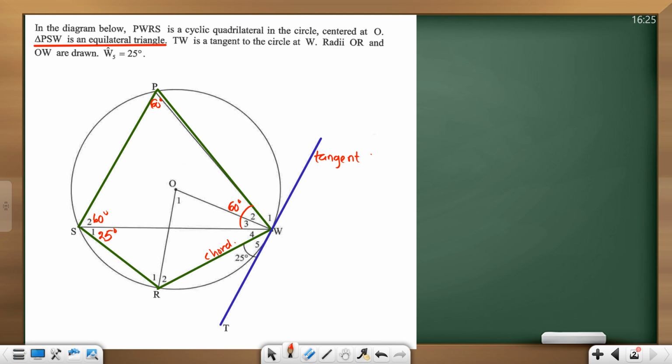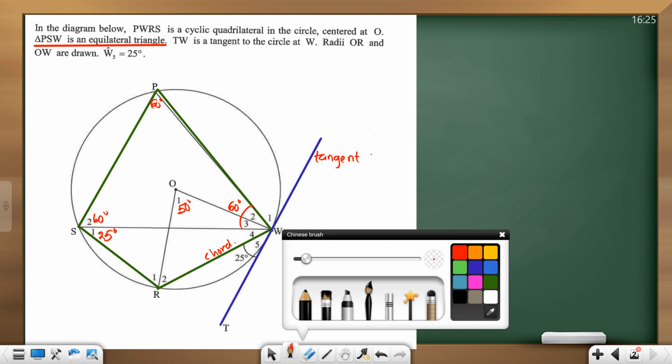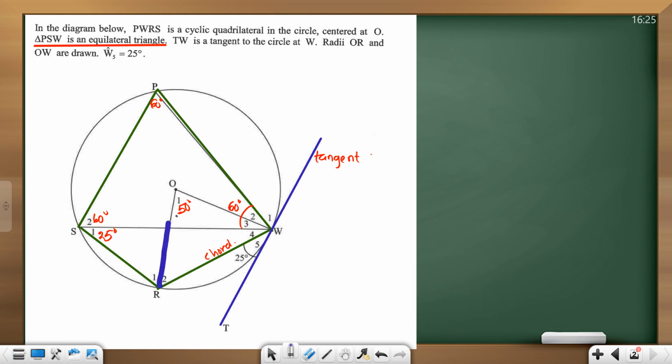Why 50? Angle at center is 2 times angle at circumference. Perfect. Do we agree? Guys, if you are lost, please let me know. That's 50 degrees. Why? The angle at center there is 2 times angle at the circumference. We have so many angles we could just get right now. But let's not do too much. Let's go back to the question now.